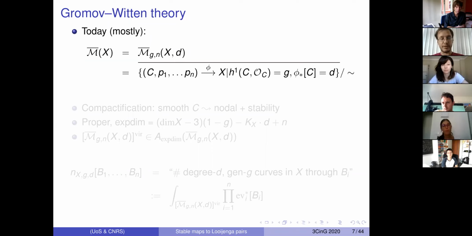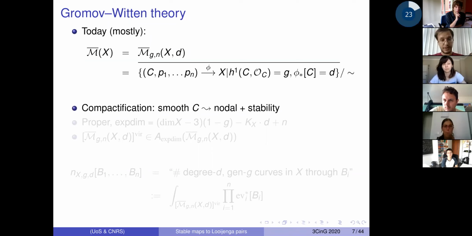This is the moduli space of maps from pointed projective curves into X, a projective algebraic variety, of given genus and degree, up to biholomorphic equivalence. The compactification that takes place in this story is to consider not just smooth curves, but nodal curves as well, plus a stability condition.